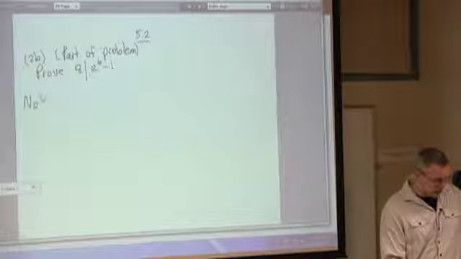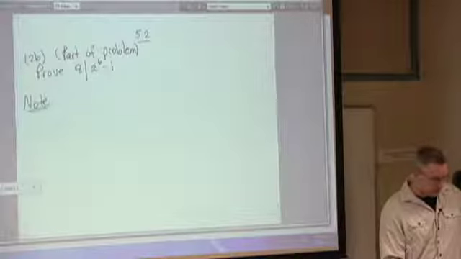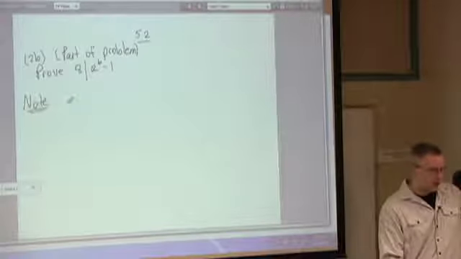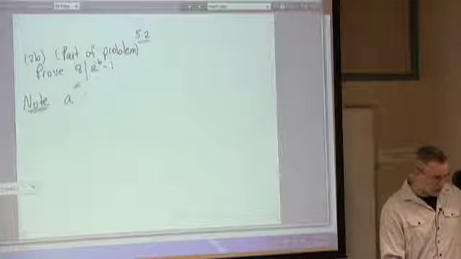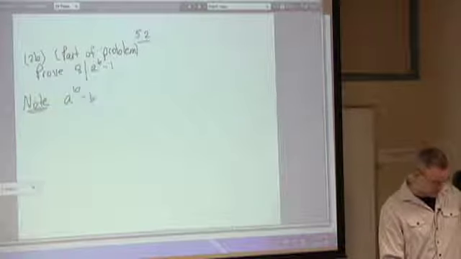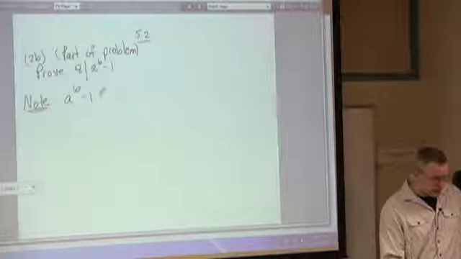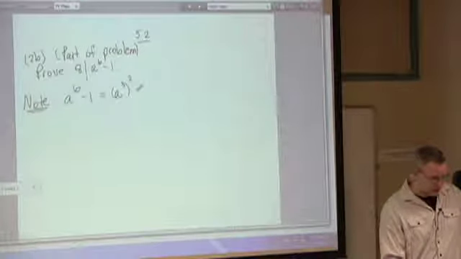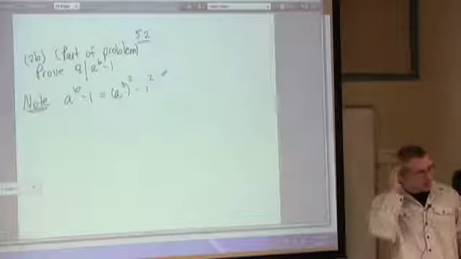I'm going to tell you this just because I think this is actually a really pretty cool solution. Okay, so A to the 6th minus 1 is the same thing as, I may have written this for you yesterday, A cubed squared minus 1 squared, right? That's definitely true.